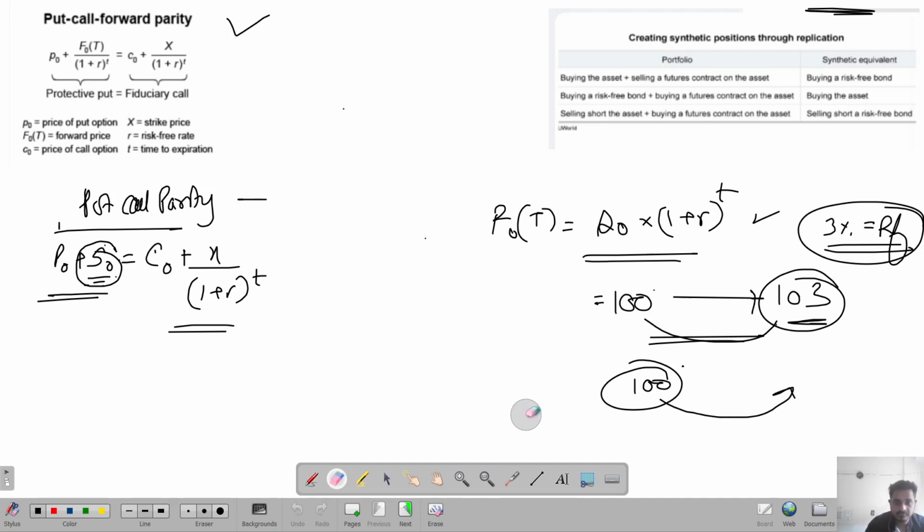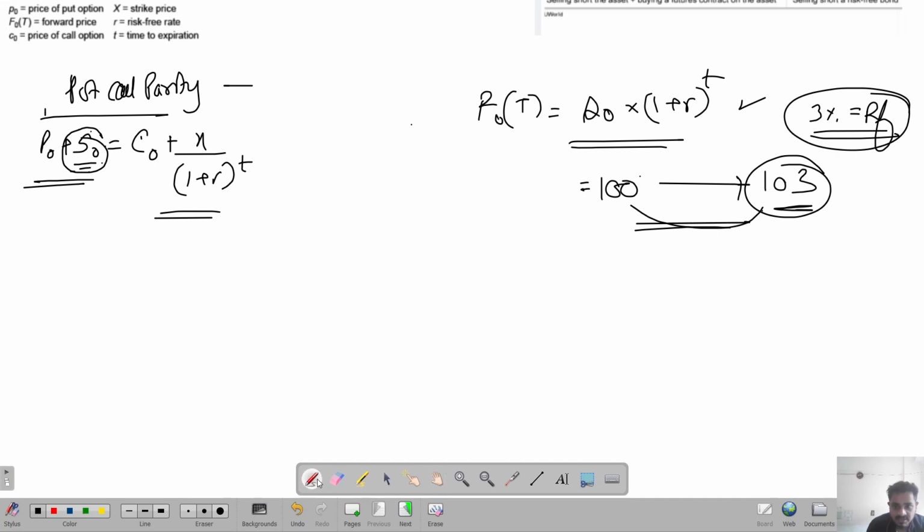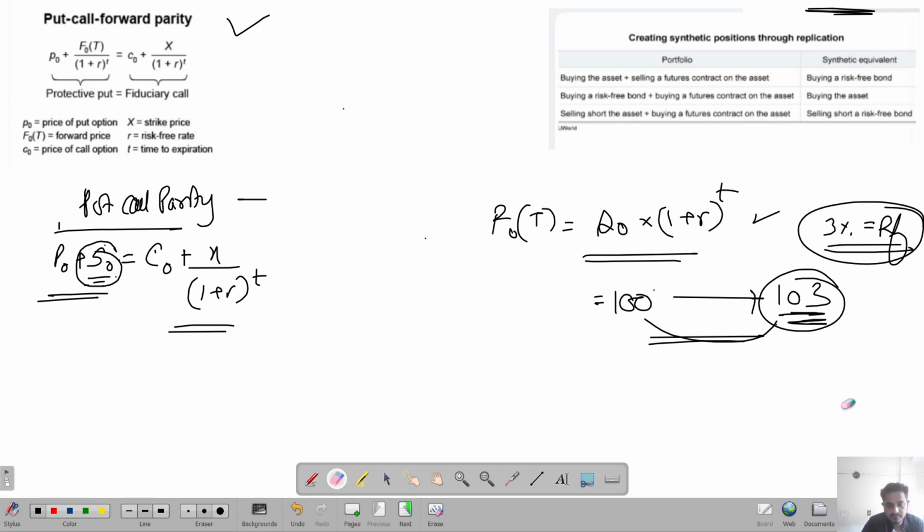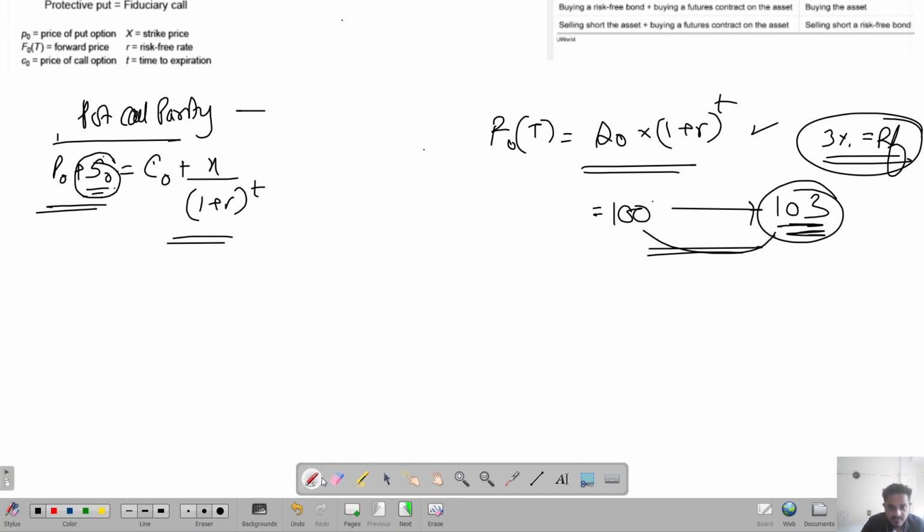So instead of holding this, can we also say that if I have the stock and I short the forward contract, if we buy the stock, which is S0, and short the forward contract, that is why I'm putting a negative sign, we will still earn the risk-free rate.